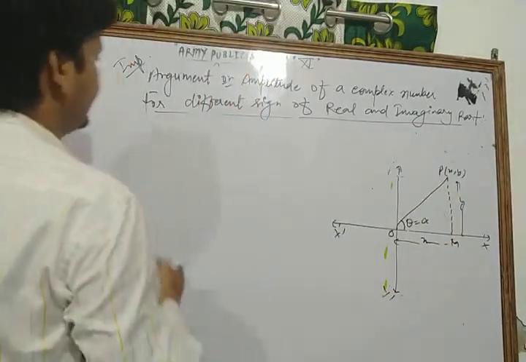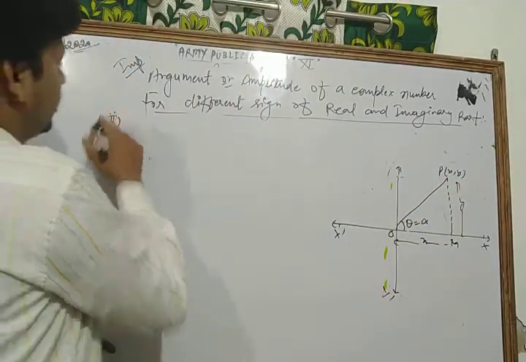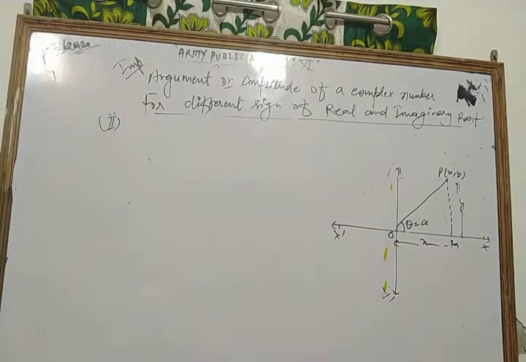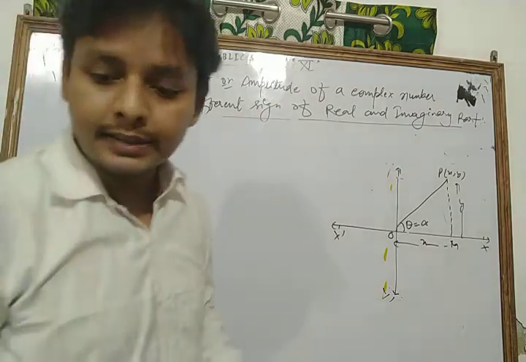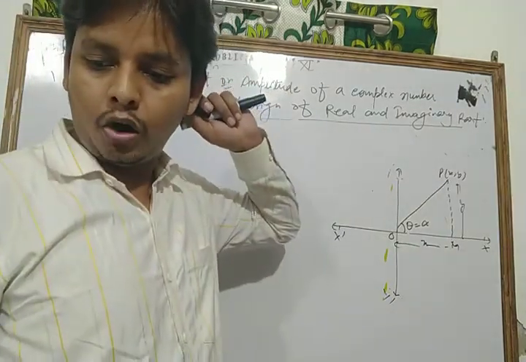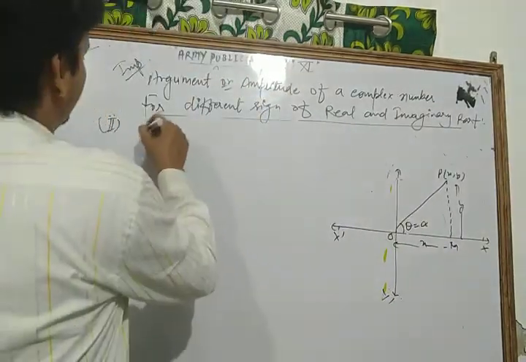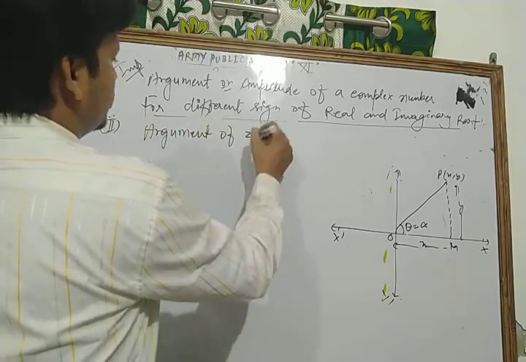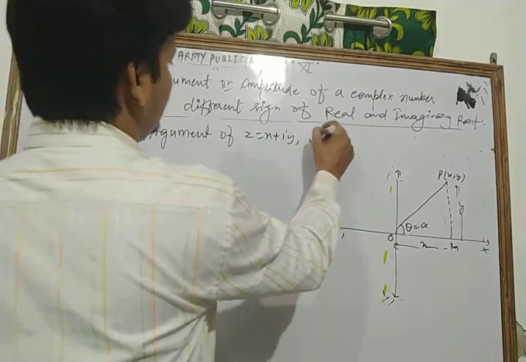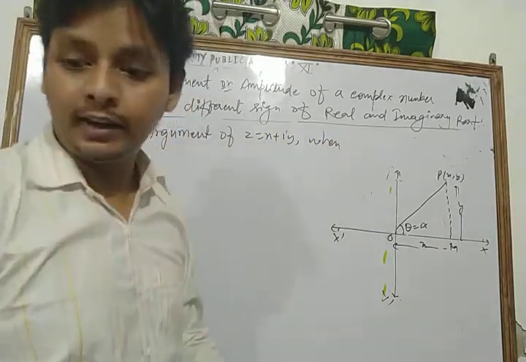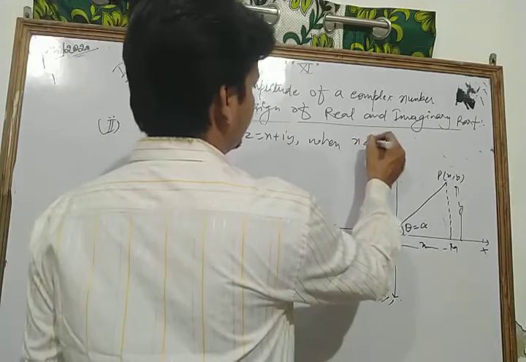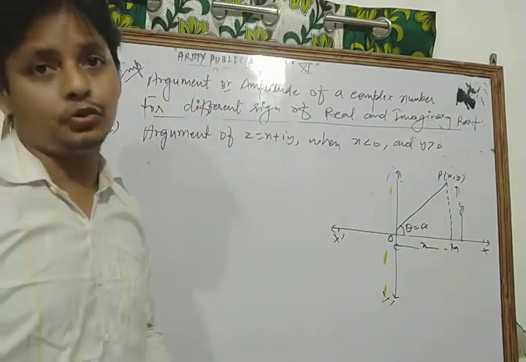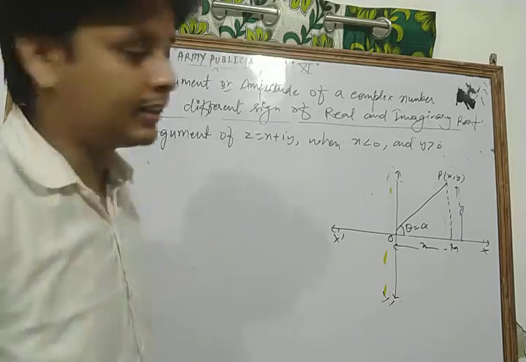Now dear students, the second thing we discuss is the argument of z = x + iy when x is less than 0 but y is greater than 0.